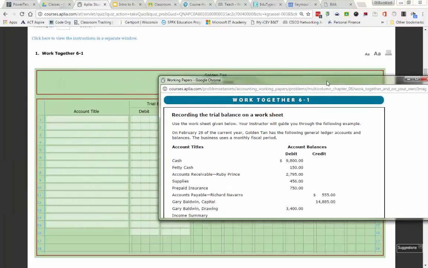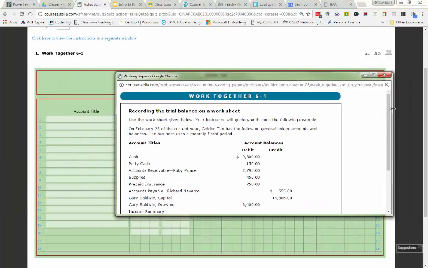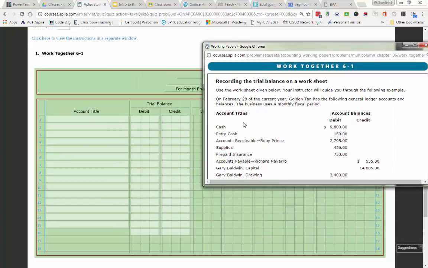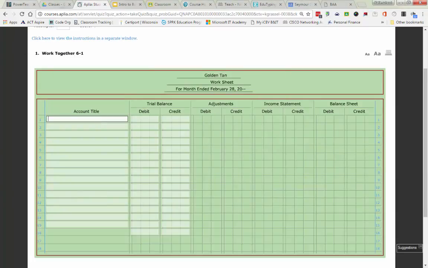So the next thing that I do is I really take every account. The first one that's listed there is cash. So I'm going to go ahead and put cash in the account title, if I could spell it. And then cash has a debit balance of $9,800. I would hit enter, and then I would go down to the next line. What's my next account title?